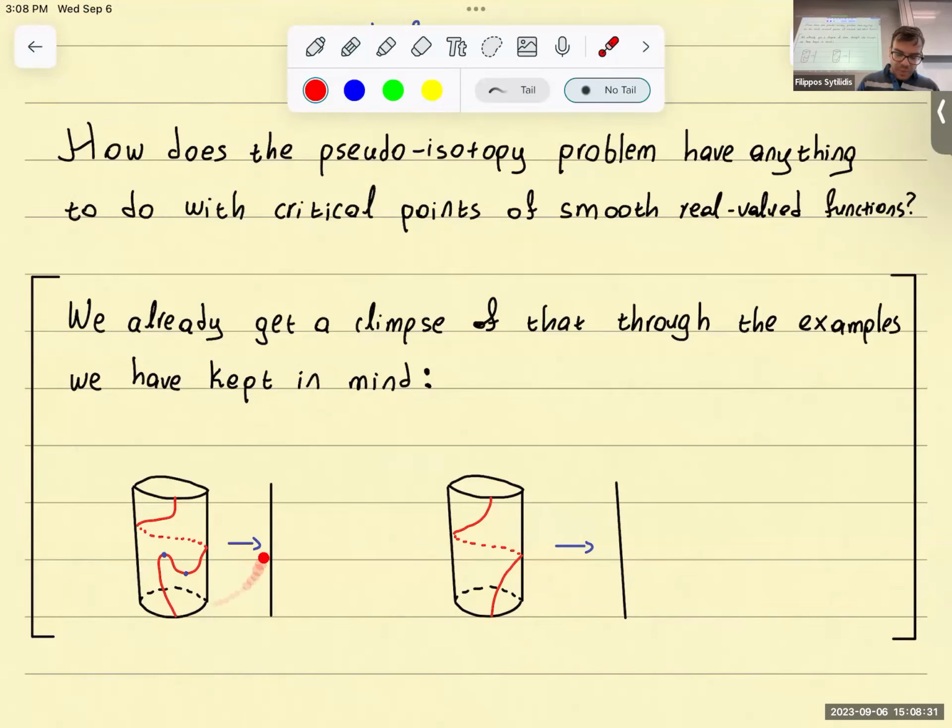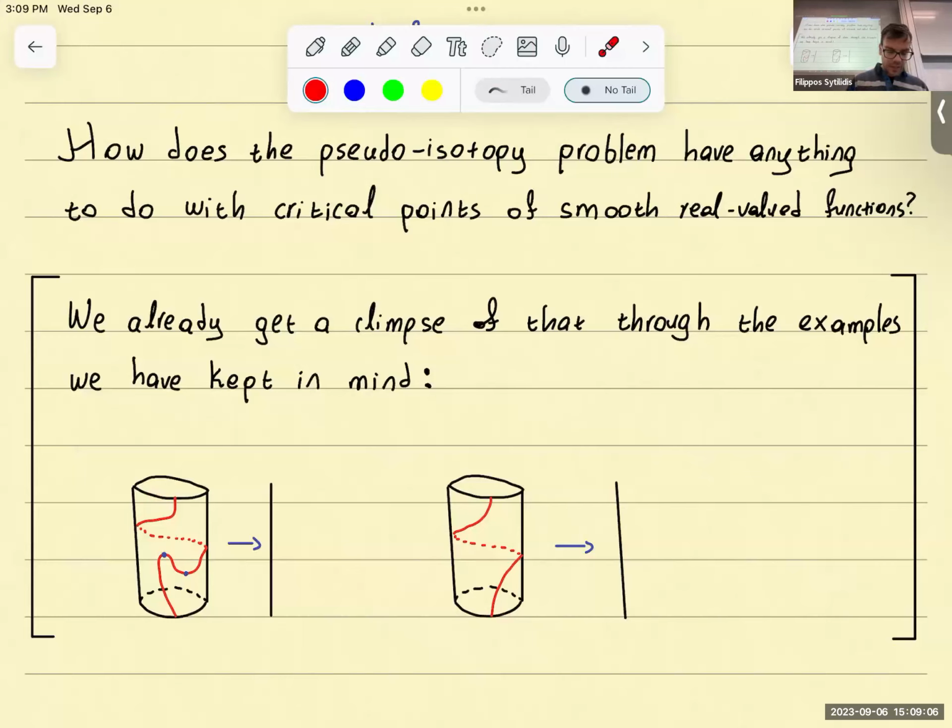The pictures that I drew, I tried to draw them suggestively to hint that there is some connection. If we take in those pictures the height map of the cylinder, in this red curve we have no critical points, and in this red curve we have two critical points.